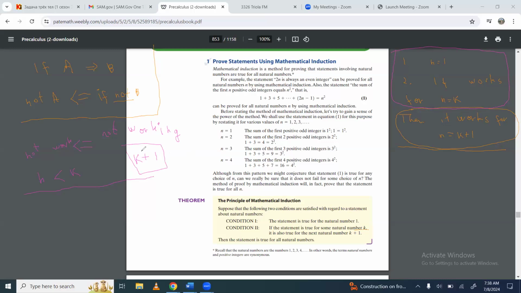Well, we can always find the previous one, which is less than that, and from here it must follow that. That's what's given to us. That's why we get a contradiction. In other words, not A. So if it doesn't work for B, then we get not A, and that's equivalent to showing that if A, then B.